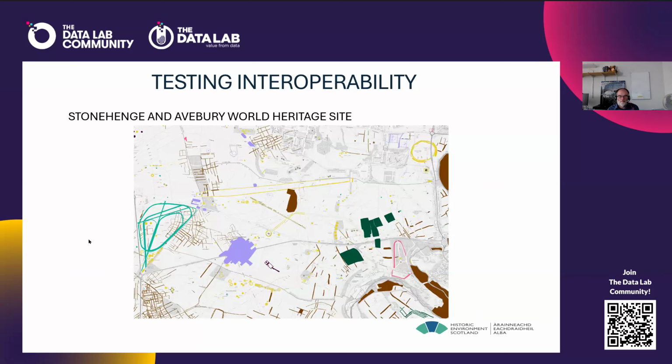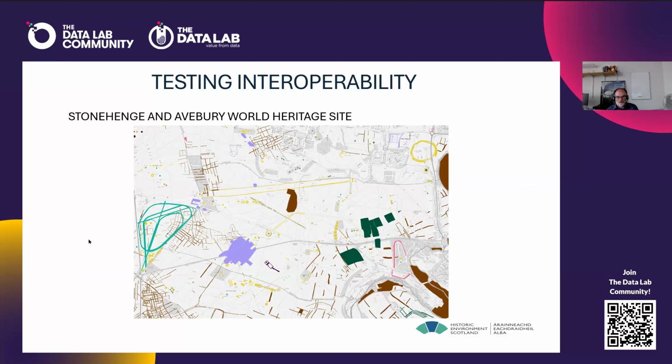And just to show it works at scale, this is Stonehenge and Avebury World Heritage Site, a very complex landscape in Salisbury Plain, Wiltshire, which focuses on ritual monuments, defensive, but it's also got military sites, World War II sites, all sorts of things. And that just demonstrates it works at scale.